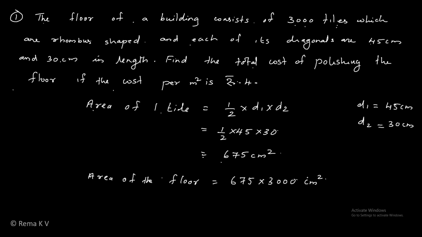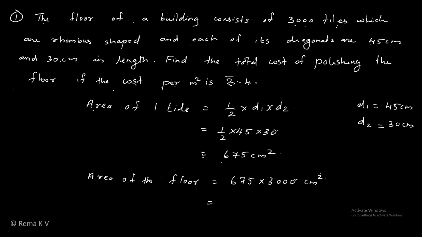See, we have to change this centimeter square to meter square, because it is given here that the cost per meter square is ₹4. So we have to change this to meter square. For changing this to meter square, one centimeter can be changed to meter by dividing by 100.